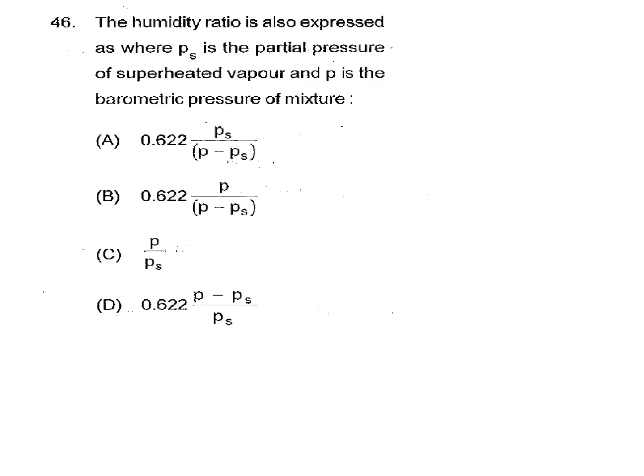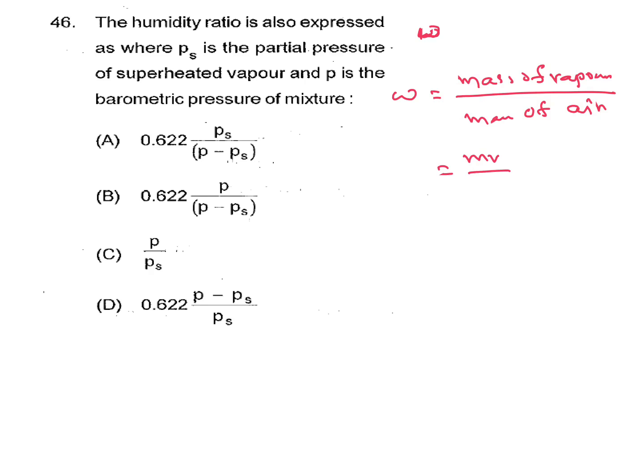We know humidity ratio, or we can call it specific humidity, is mass of vapor by mass of air, mv by ma, or we write it as 0.622 divided by, vapor pressure is PS, superheated vapor, and total pressure is P minus PS. This is our answer.